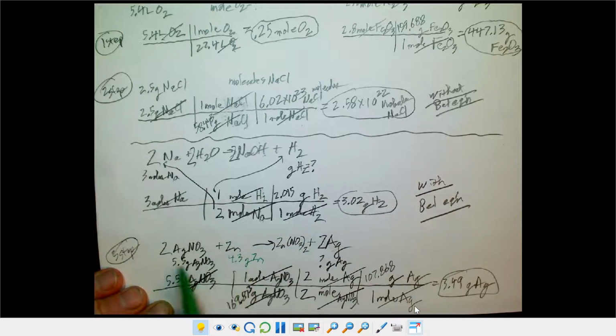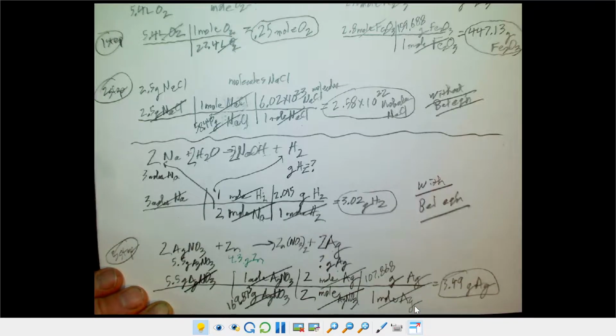So when they give you 2 numbers, that's a limiting reactant problem. And you do it really the same way. We just did the first part where we turned this guy into grams of silver. You would do another one right underneath it where you would start from grams of zinc and go to grams of silver. And then your lowest one would be the winner.